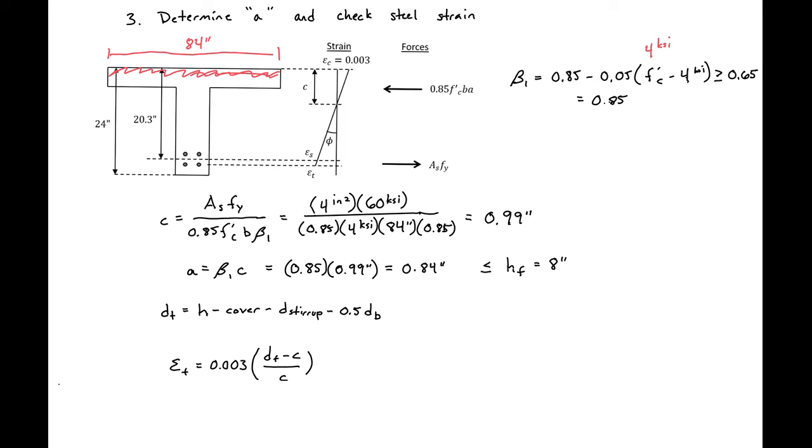We'll next need to find the distance from the top compression fiber to the centroid of the bottom layer of our steel, which we'll call d sub t. So this will be our h, 24 inches, minus our cover, 1.5 inches, minus the diameter of our stirrup, 1/2 inch, minus 0.5 times the diameter of our longitudinal bars, 1.128 inches.